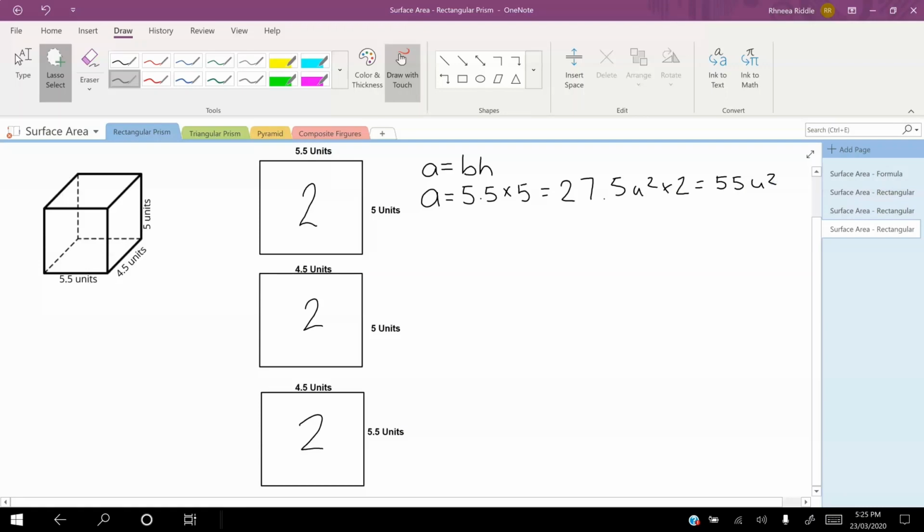This next one is, again, a rectangle. So area equals base times height. Area equals 4.5 times 5, which when you did that should have gotten 22.5 units squared. And again, there are 2. So we're going to multiply that by 2, and we're going to get 45 units squared.